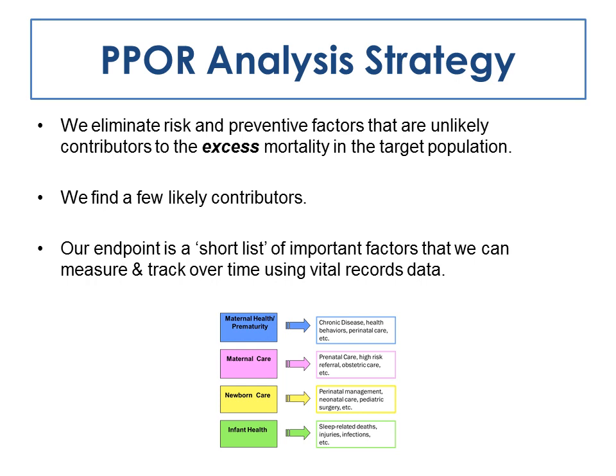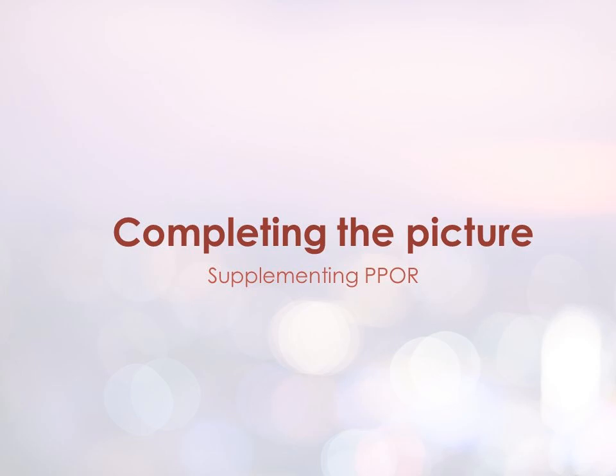Let's see here. So we've gone through the blue box, the green box, and the pink and the yellow box. And so that was PPOR basically using your vital records data. So now to complete your picture and to supplement what you found from PPOR, we can go into other sources of information.